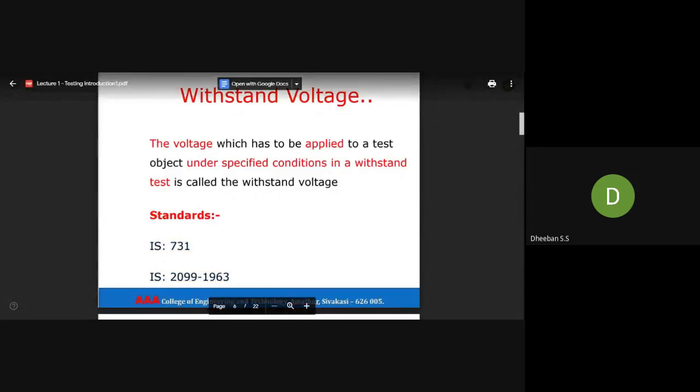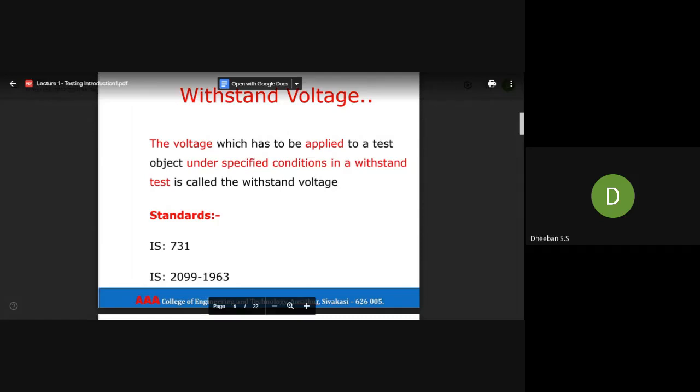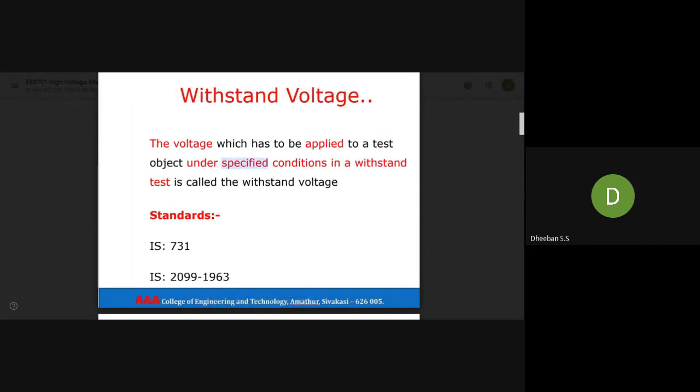So what do you mean by withstand voltage if they are asking? It is nothing but the voltage which has to be applied to a test object under specified conditions. Okay, so this corresponds to a withstand voltage. The voltage you apply is predefined under some conditions.